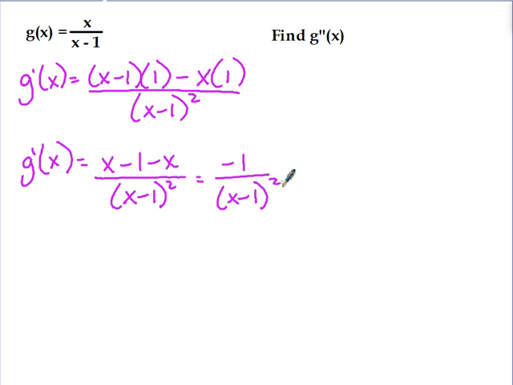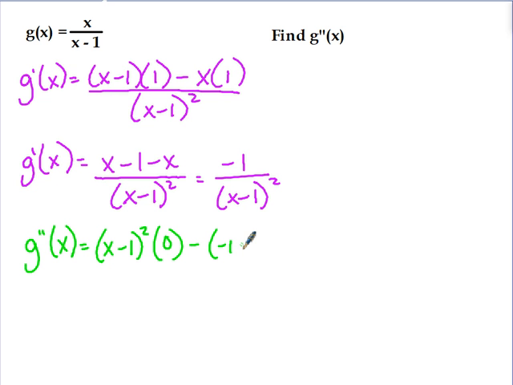Now I'm going to take the derivative of that. So I'll choose a different color. So now g double prime is going to be bottom times derivative of the top, which is 0, minus top times the derivative of the bottom.